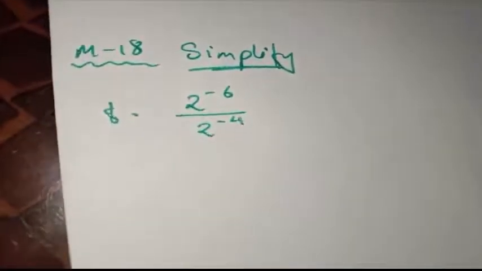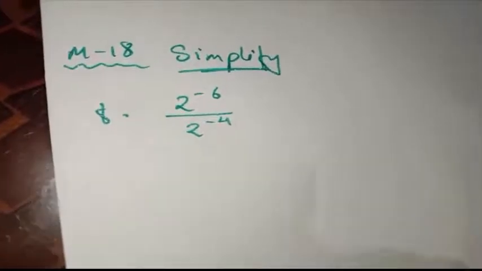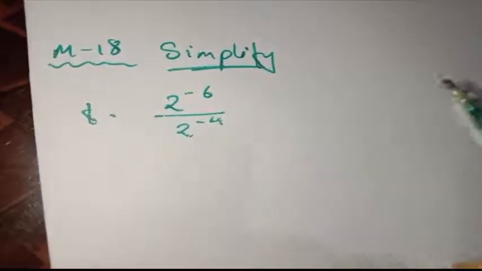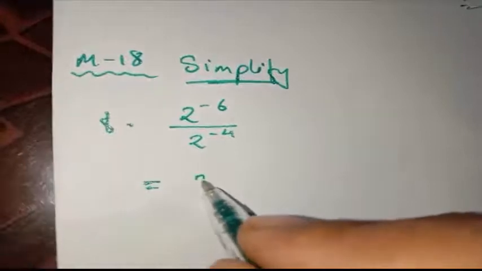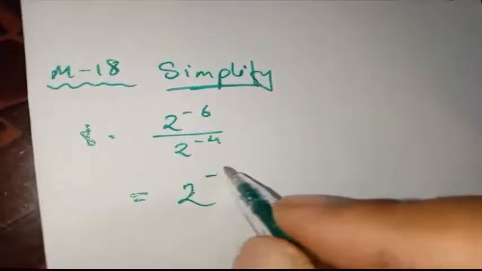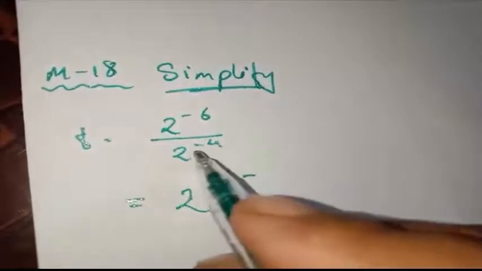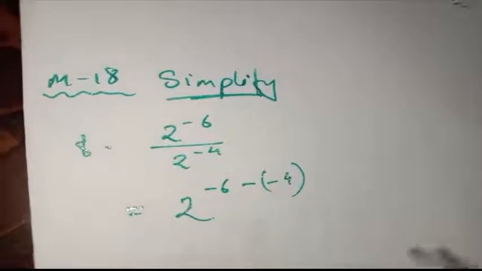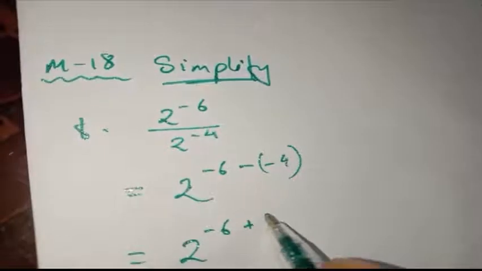Now let us see an example of module number 18. We have to simplify whatever is given in the question. In question number F, you are given 2 to the power minus 6 divided by 2 to the power minus 4. We can write 2 to the power minus 6, and since this is divide, we subtract the powers. Now this will become 2 to the power minus 6 minus minus 4, that is plus 4.